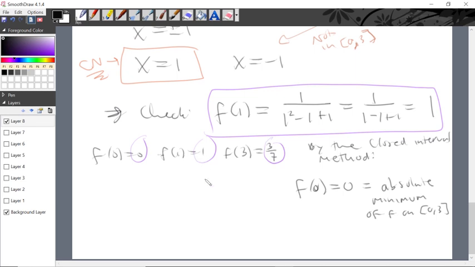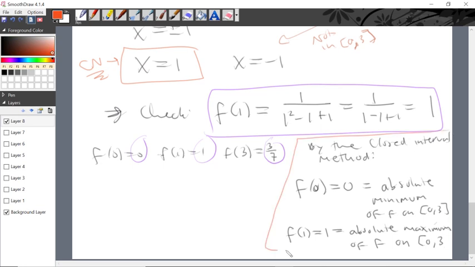And the largest of the three is 1. So by the closed interval method, f of 1 equals 1 is the absolute maximum of f on the closed interval 0 to 3. So there's our conclusion then.